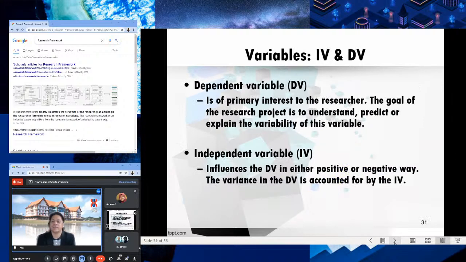Dependent variables. What do you understand about the dependent variable? Normally we use the short forms DV and IV.